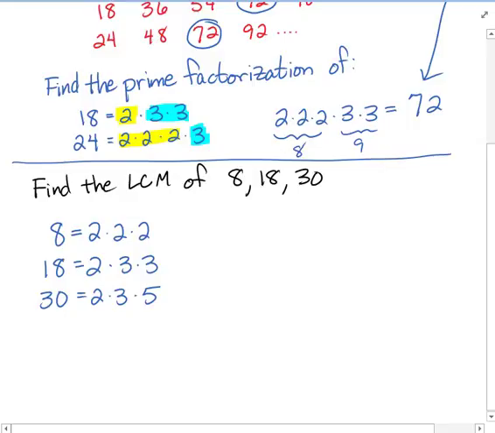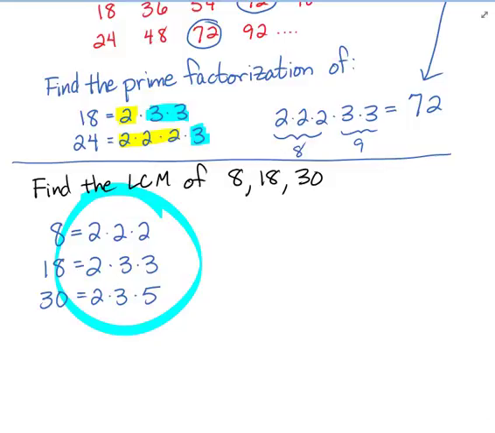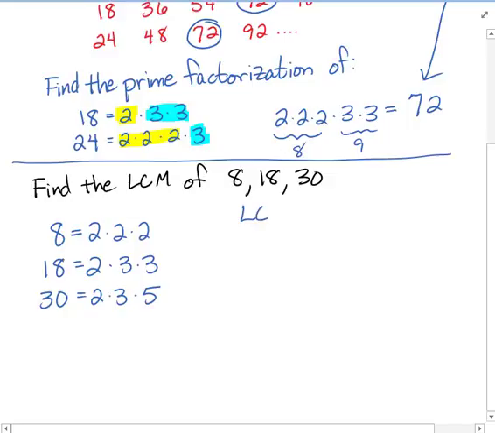So now look at all those numbers and notice there's some 2's, there's some 3's, there's some 5's. So we're going to want 2's, 3's, and 5's in our LCM, and so we know we're going to take, let's start with the 2's, find the largest group of 2's. Well, here's a group of 2's in that number, there's a group, and there's a group.